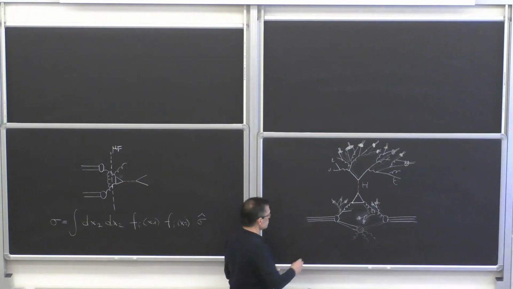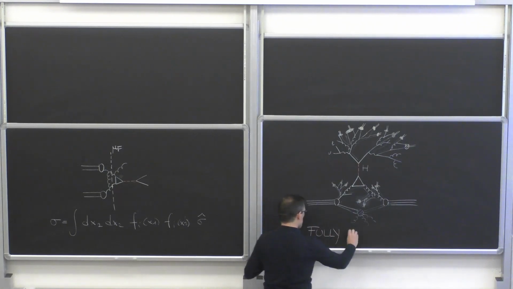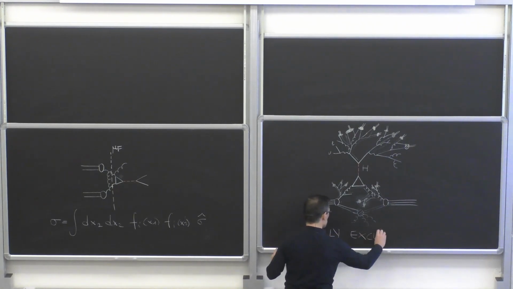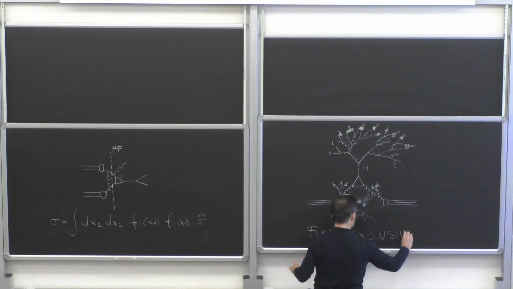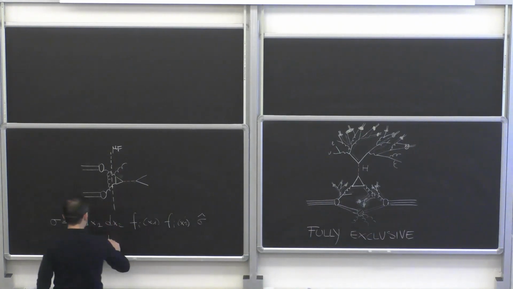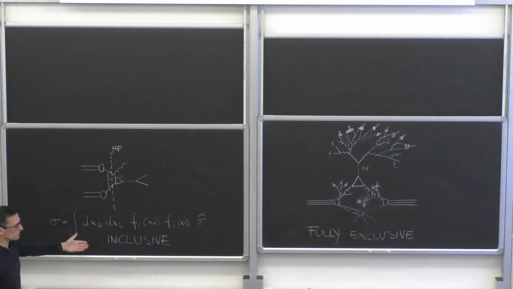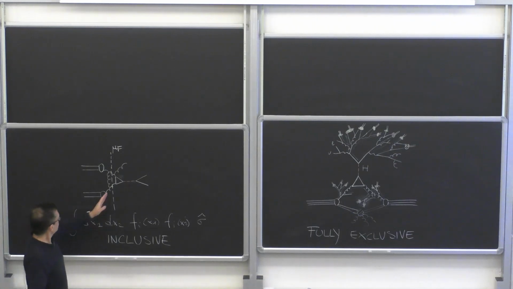So this description, I call it fully exclusive. And this one, I don't put any adjective, but I call it inclusive. And it's inclusive, as we said already several times. For example, up to the mu f scale, which is in the PDF, everything is integrated out here, right? That's what we said.